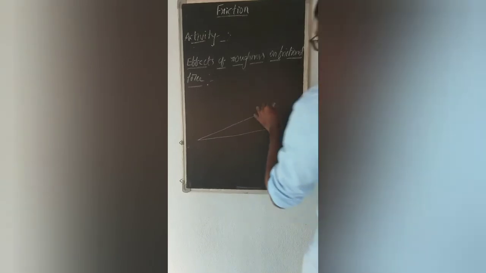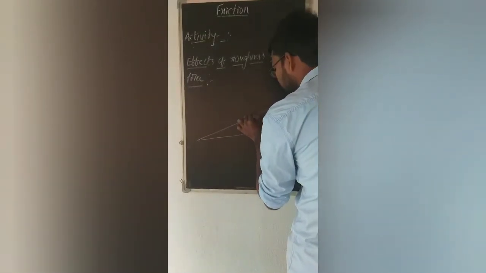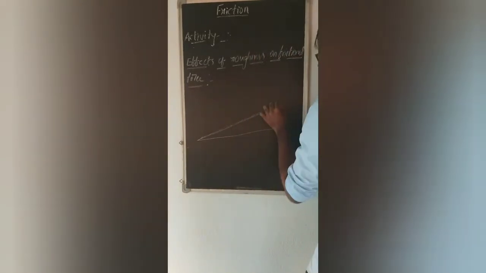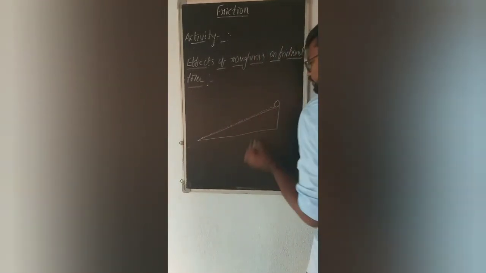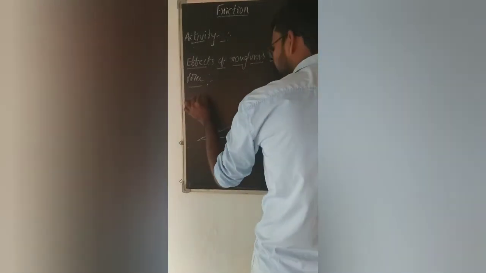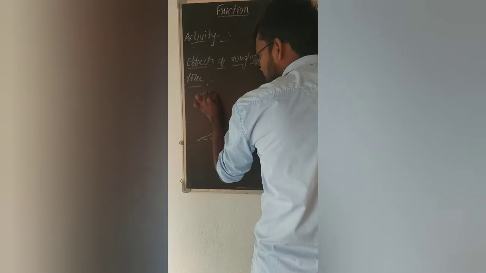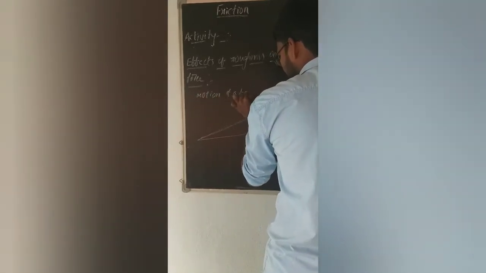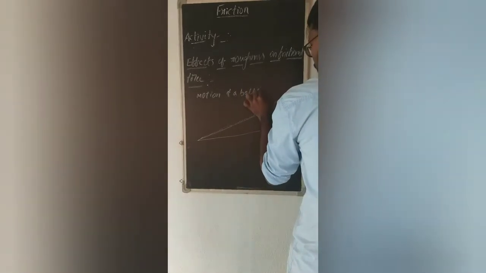Now, on this inclined plane there is roughness, and I left a ball here. What will happen? We are observing the motion of a ball on an inclined plane.